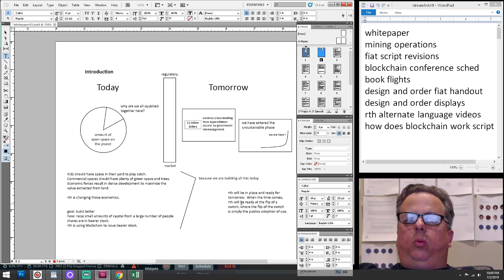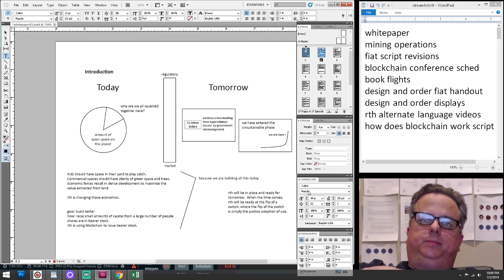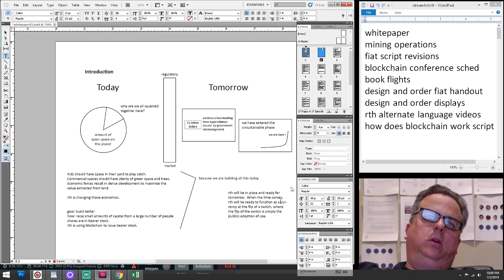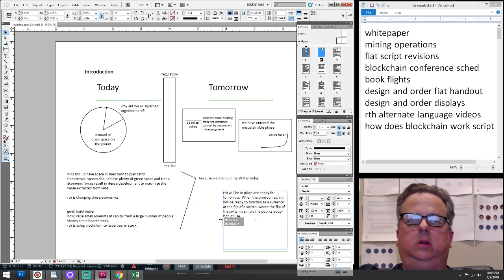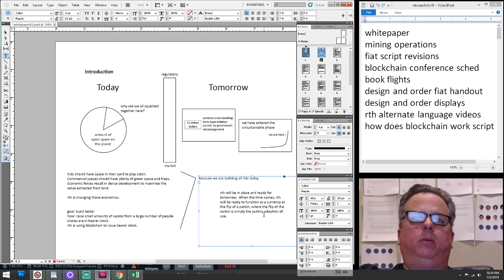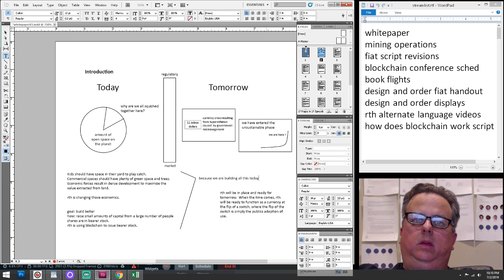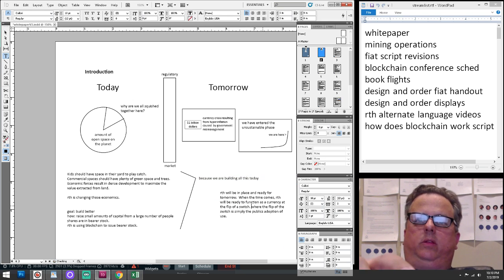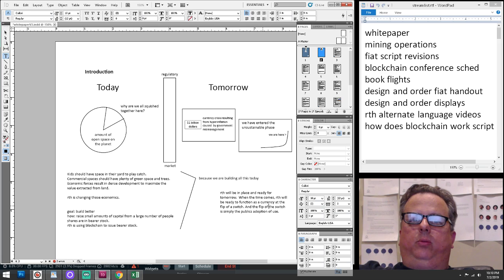When the time comes, Earth will be ready to function as a currency at the flip of a switch. And what I think we should say is, at the flip of the switch, and the flip of the switch is simply the public's adoption of use.